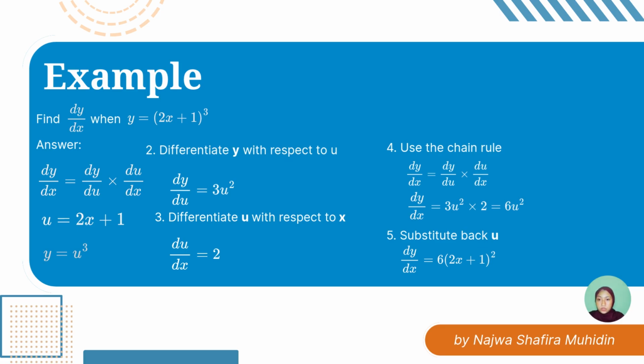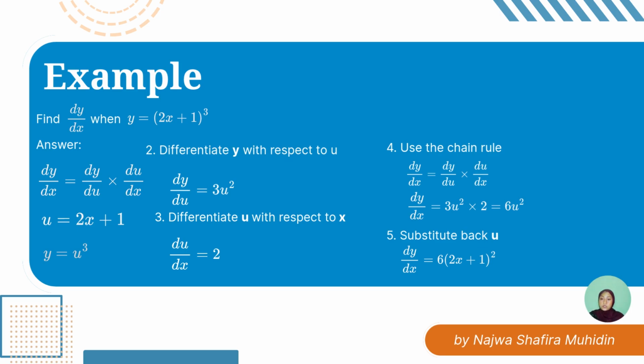Apply the chain rule: dy/dx equals dy/du times du/dx. Now substitute what we found. dy/dx equals 3u^2 times 2 equals 6u^2.